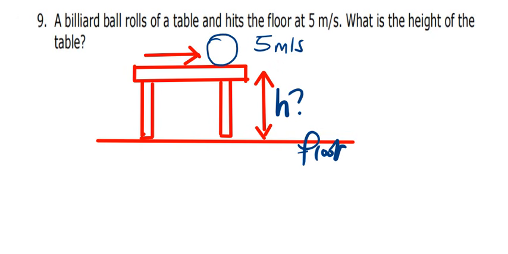So what are we going to have? Now what's the height? How are we going to find the height? So I'm thinking about something. So we're going to go back to our Newton's laws of motion.